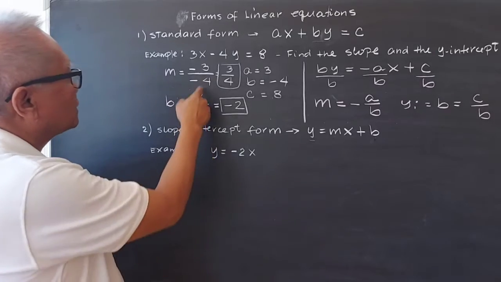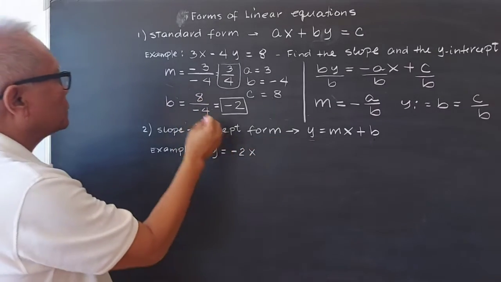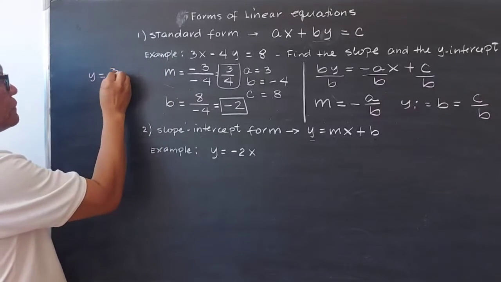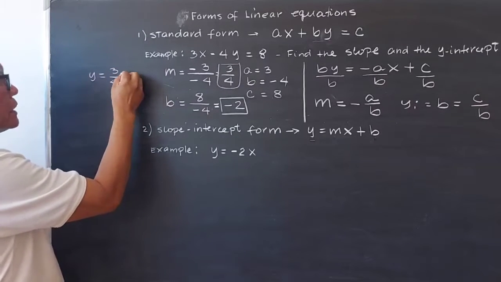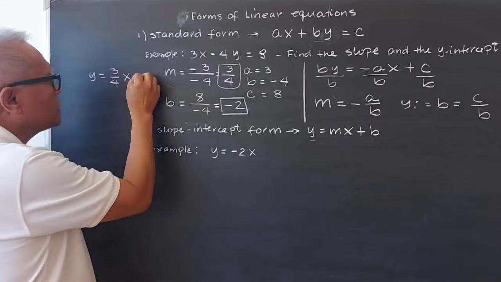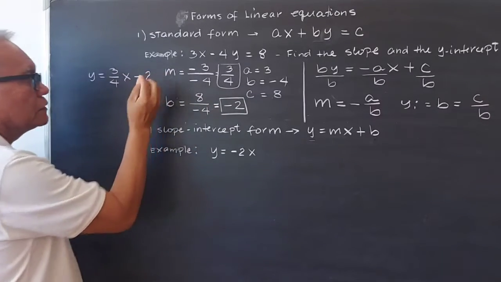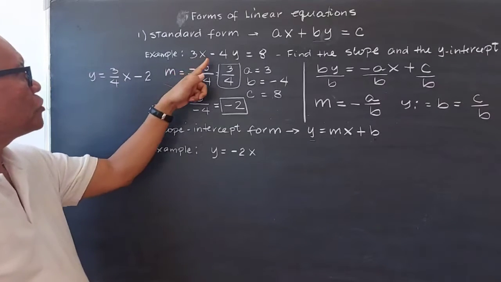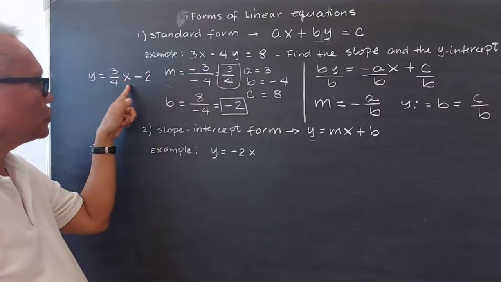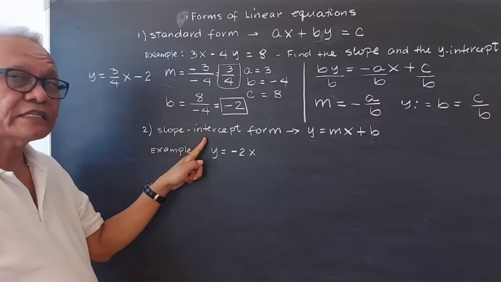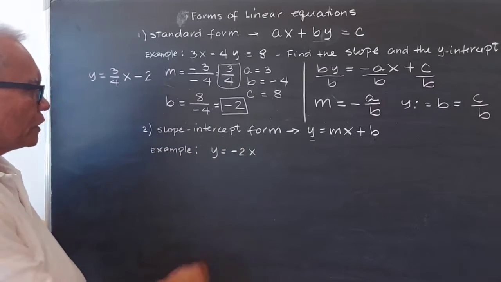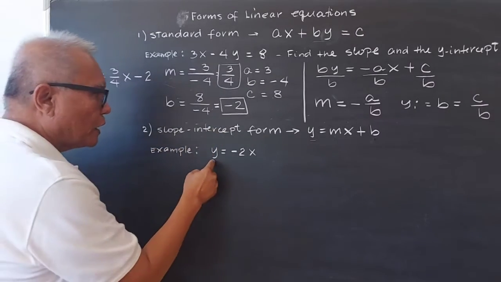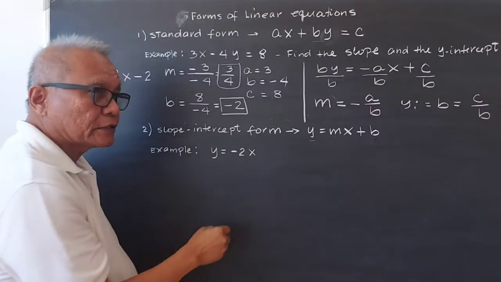So if you are going to write this in slope-intercept form, we have y is equal to 3/4 x minus 2. So this is our equation if we transform this into slope-intercept form. Now in our example for slope-intercept form, we have y equals negative 2x.